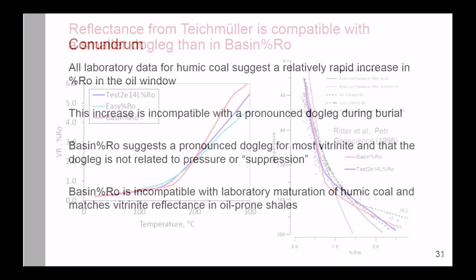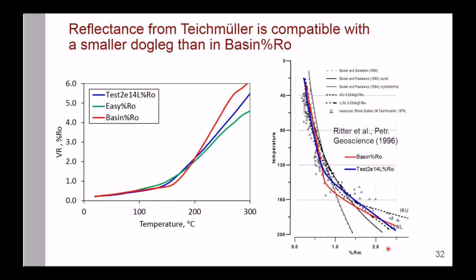So one can derive a model that does a better honoring of Teichmüller's data. This is this 2 times 10 to the 14th model that has a bit more of a dogleg.